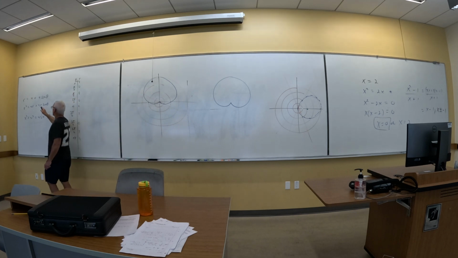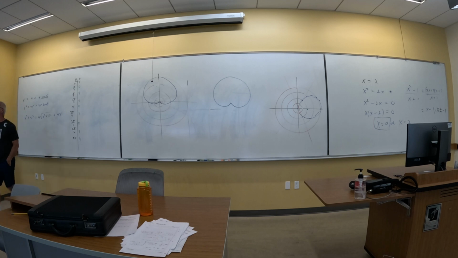Now, if I gave you something in polar, you're probably going to leave it in polar unless you thought it was a circle or a line like we did a moment ago. More often than not, you're given something in polar and you're saying, I don't know what this is. It doesn't look like anything else, so just leave it alone.